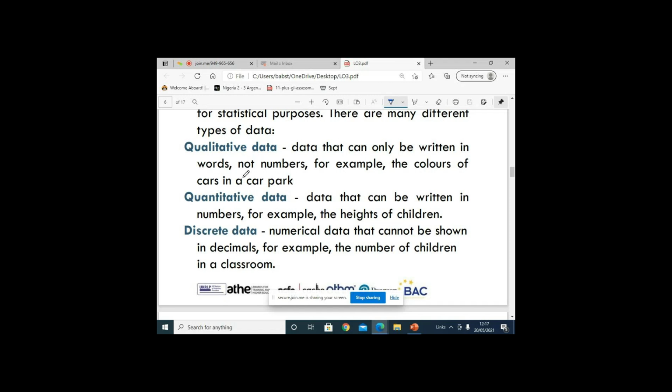Another one is discrete data. Discrete data is numerical data that cannot be shown in decimals. For example, the number of children in a classroom. You can't write kids in a classroom with decimals. If you say 5 kids are there, that is valid, but 5.5 is not, because there can never be 0.5 of a child.